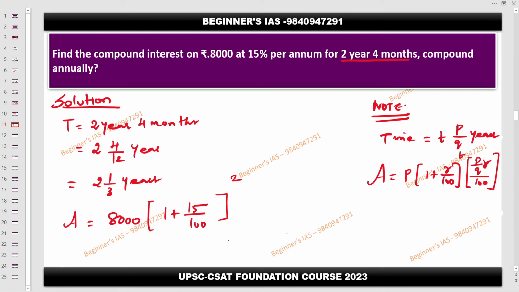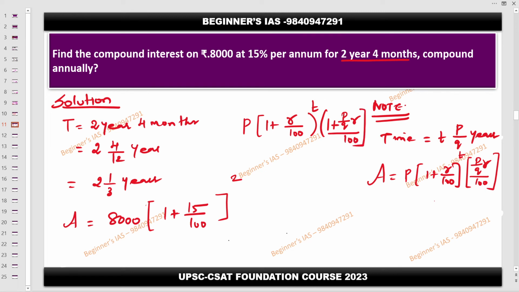Or else you do one thing, bring inside, I will change here: p into 1 plus r by 100 the whole power t, again into 1 plus p by q into r by 100.